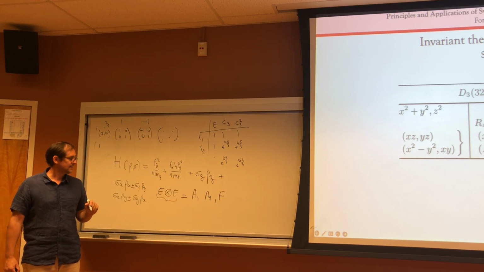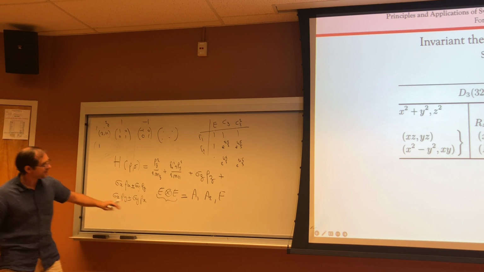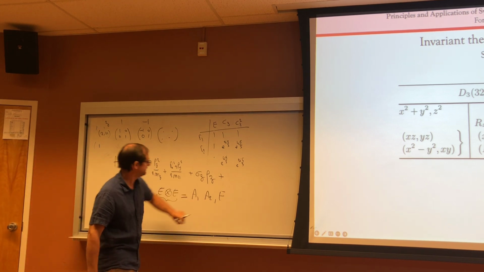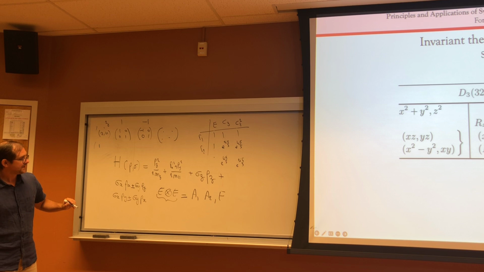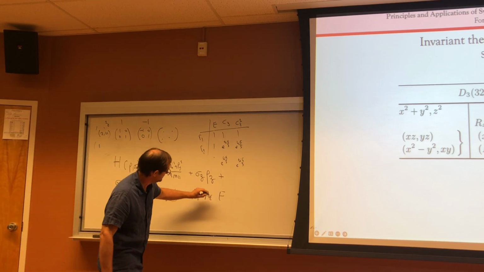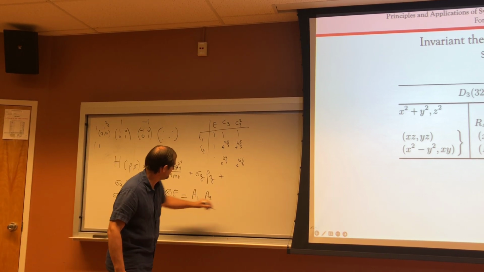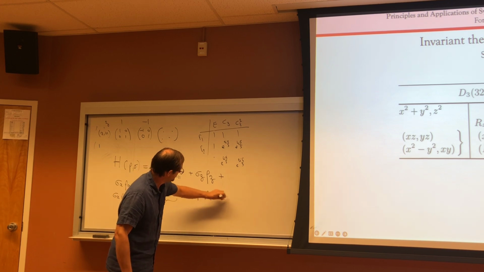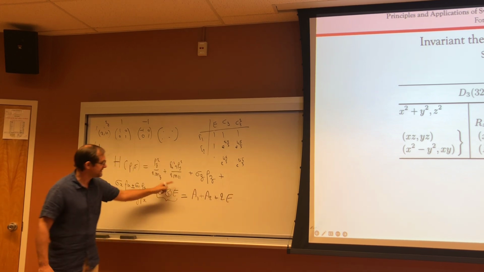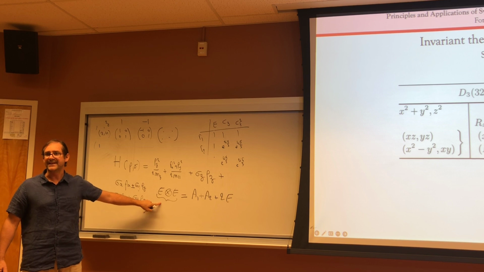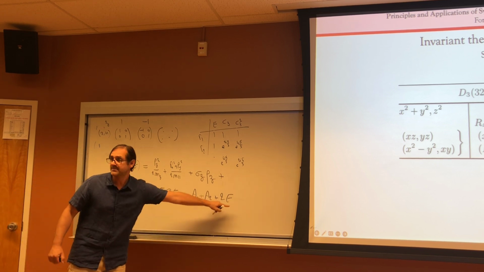These are one dimension. And this is what we're going to do tomorrow. We're going to find the decomposition of this reducible representation into the irreducible ones. I will explain why.